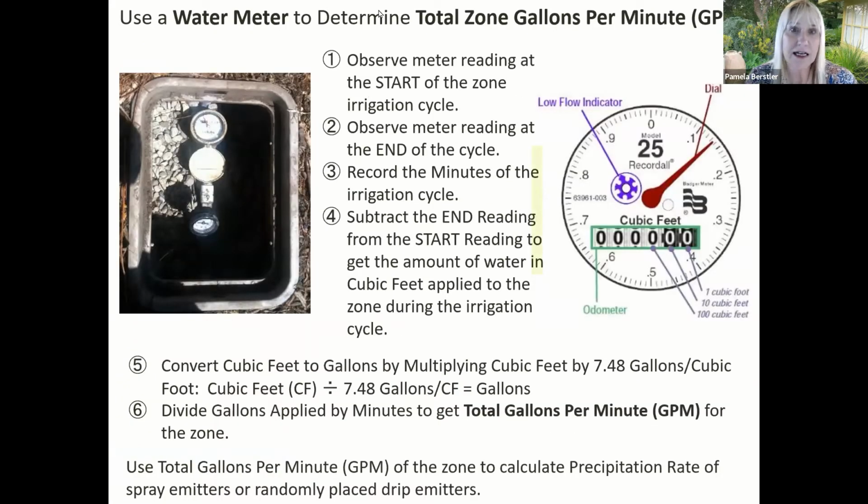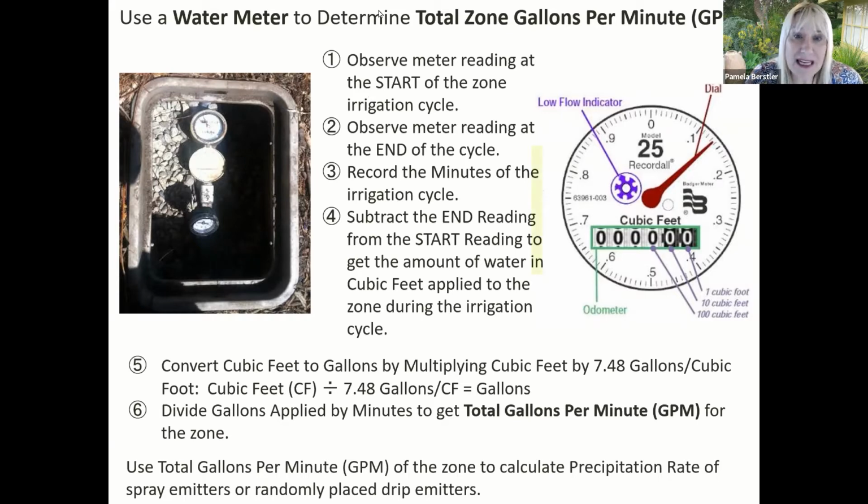First, let's talk a little bit about how we figure out total gallons per minute, because we're actually going to have this in the irrigation auditing section. I mean, just in general, this is a pretty good thing.